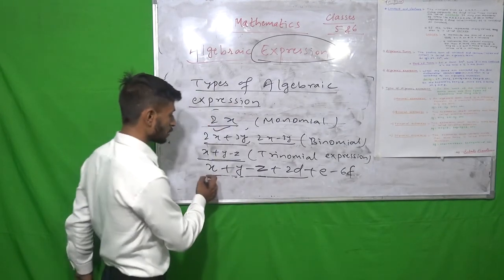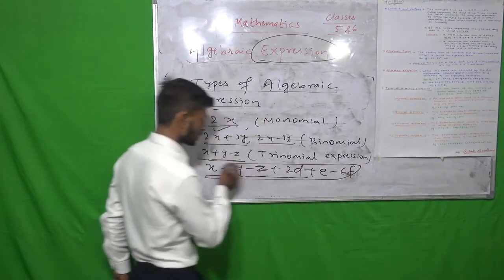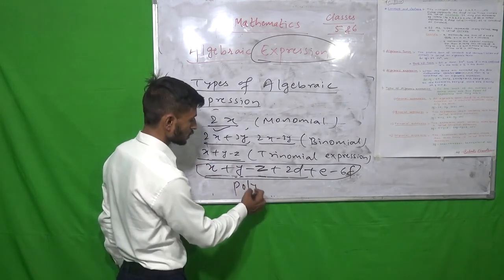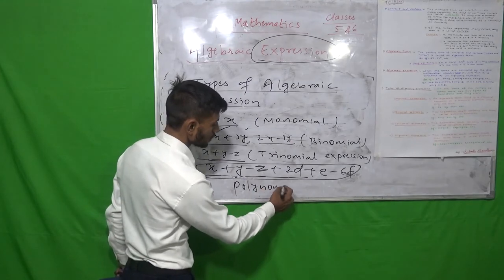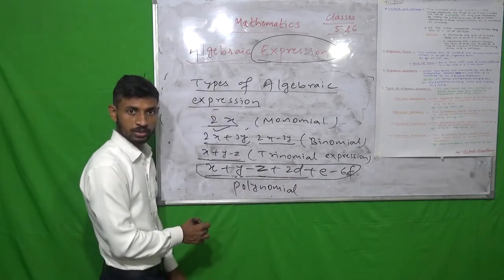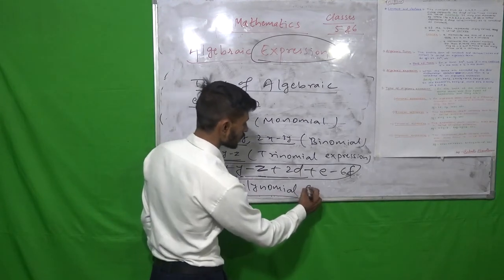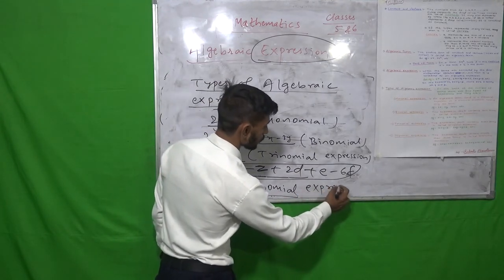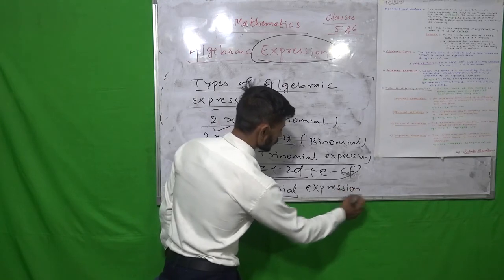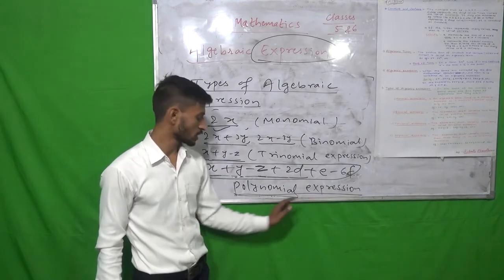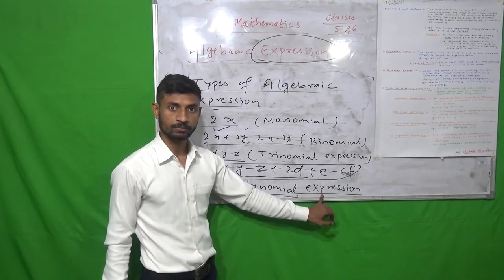So the expression having more than 3 terms is called a polynomial, or we can also say multinomial expression.